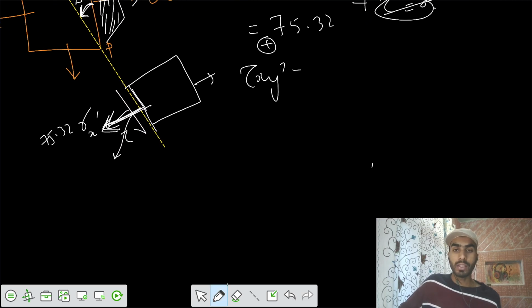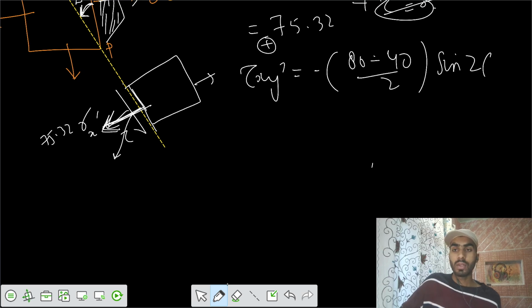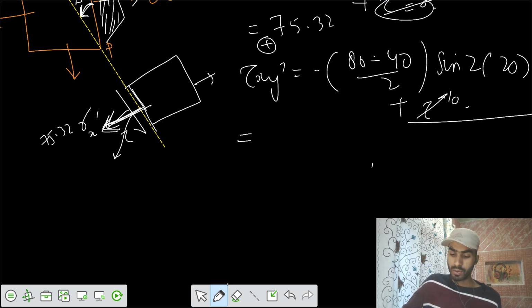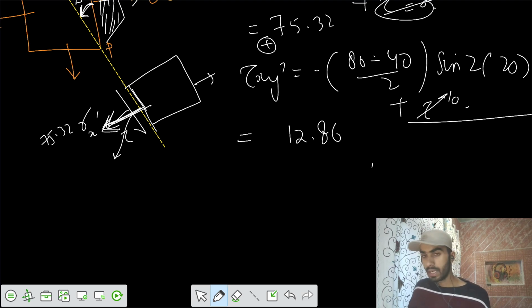So tau xy dash equals minus sigma x minus sigma y by 2 sine 2 theta, plus tau value equals 0. So that term goes to 0, and we get the value of tau xy dash, which is equal to 12.86.